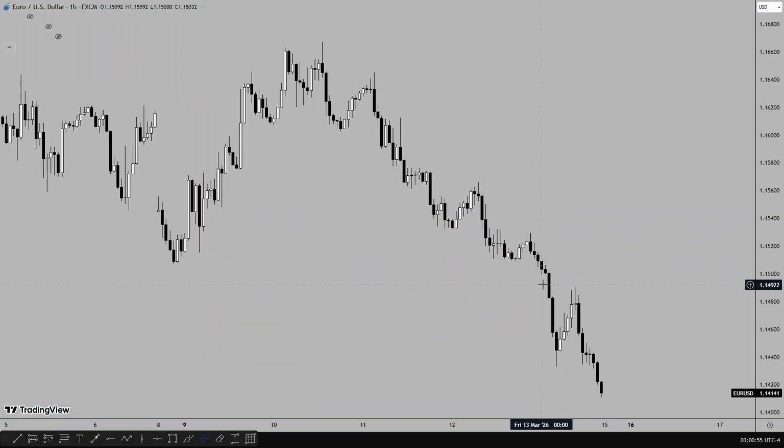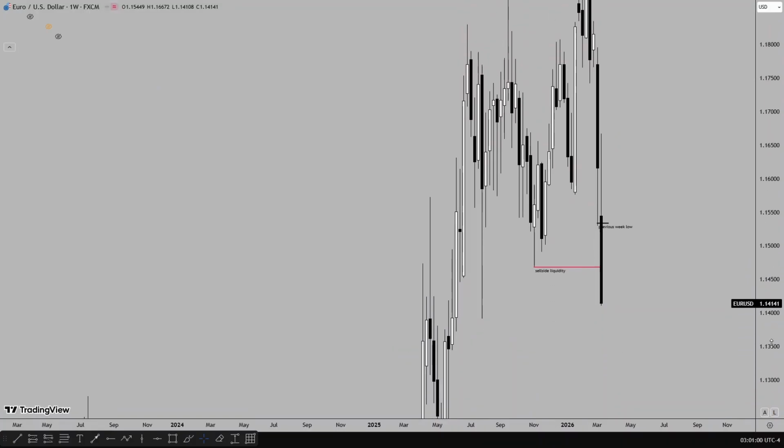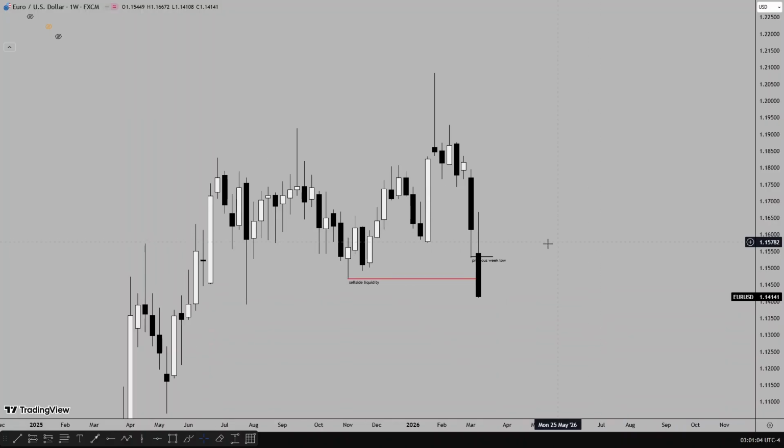So moving to Euro USD from the weekly time frame. Now they're inversely correlated, which means I will be anticipating lower prices on Monday. And you can see how price traded through the previous week low, took out the sell side liquidity.